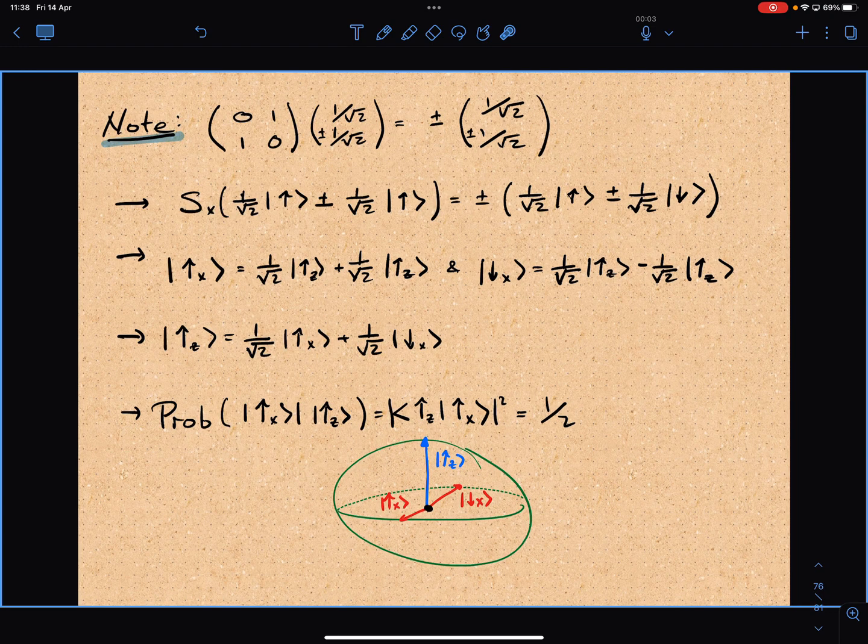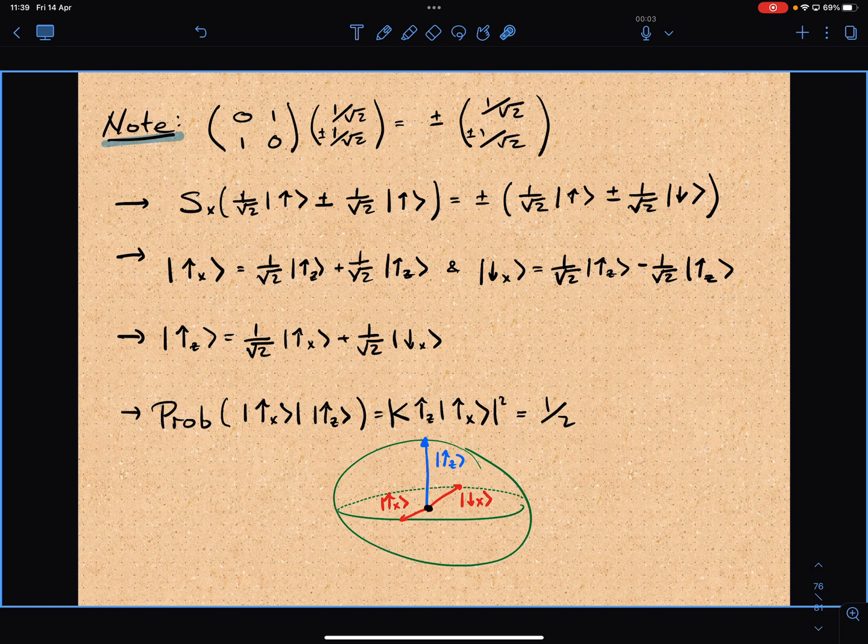So this is my motivation, my showing that it is an appropriate choice. It's not necessarily a proof, it's just a consistency check.